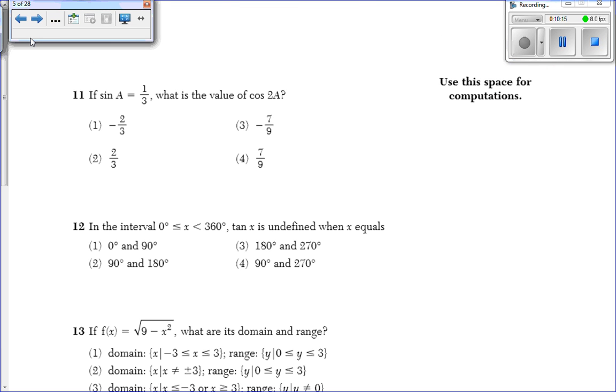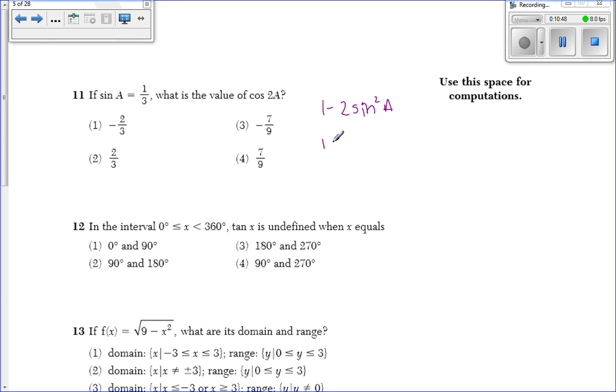Number 11, if the sine of A is equal to 1/3, find the value of cosine of 2A. Well, we have 1 minus 2 sine squared A. I believe if we look up our formula in the back of the book, yep, that's the right formula.